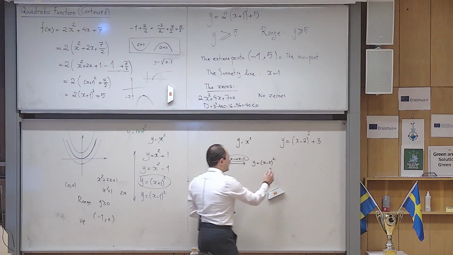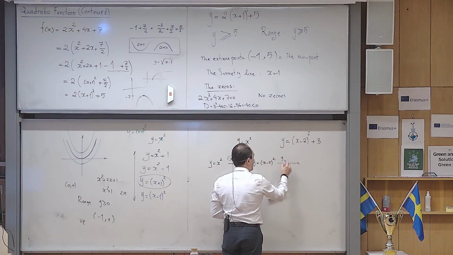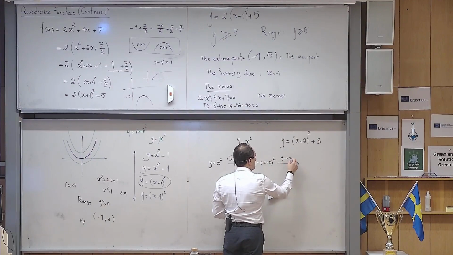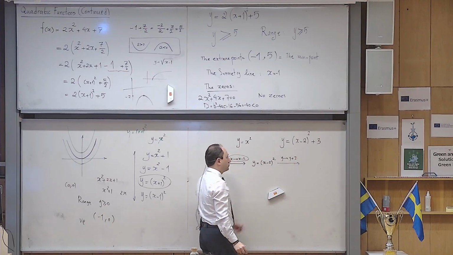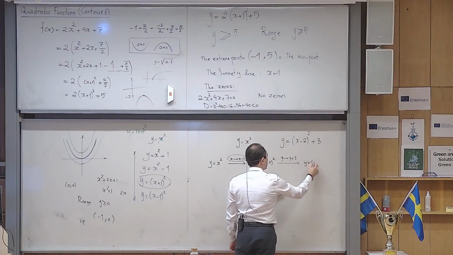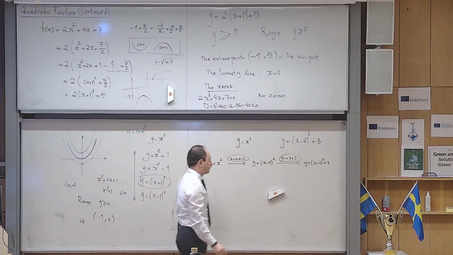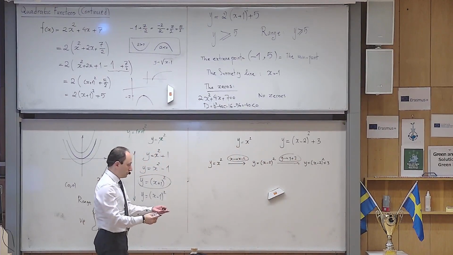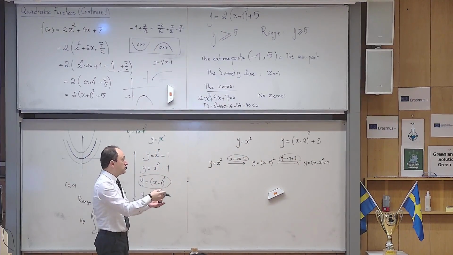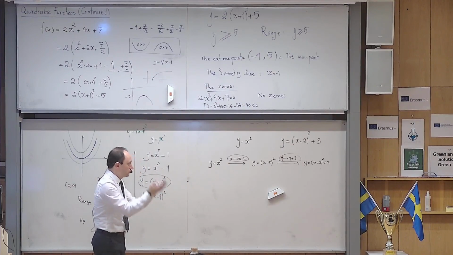And then I do this transformation: I change y to y plus 3, so I add 3 units. Then I will get this one. What is the effect of this? It is clear. You are changing y to y plus 3, so you are going 3 units up.